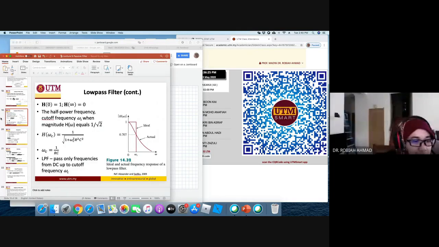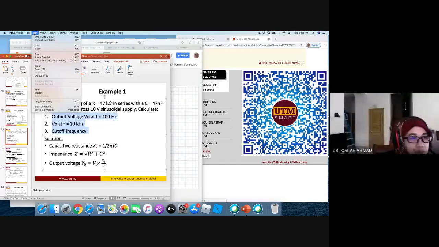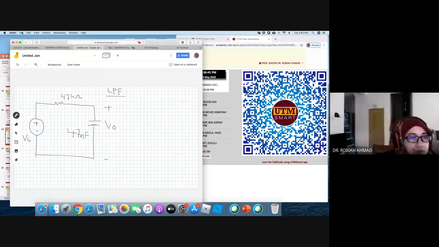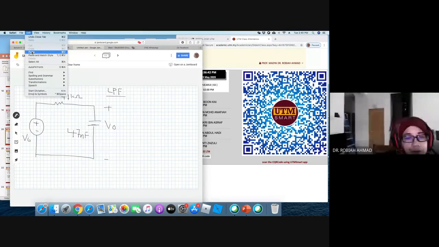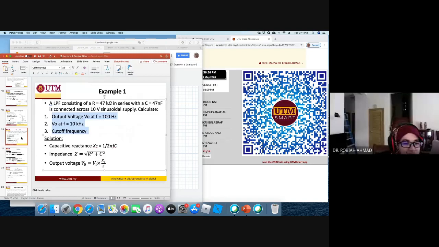Okay, what is the question? Sinusoidal, calculate the output voltage. Okay, copy here. I don't know whether it works or not. Paste. Never mind. So what it needs is the output voltage at f equal to 100 hertz.